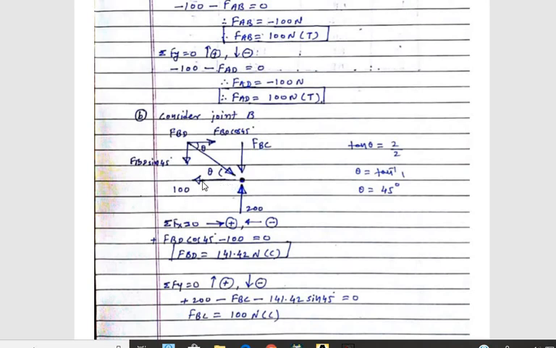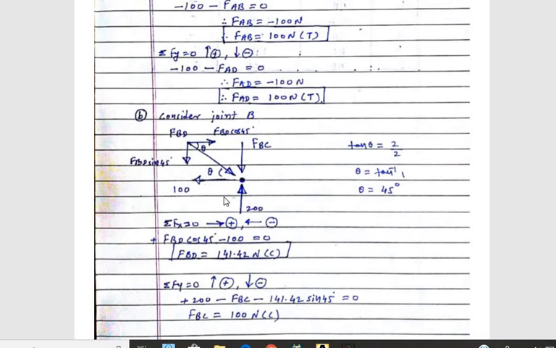Minus means tension, acting away from the joint. This is the reaction BY, upward positive 200. BC is unknown, and unknown we assume as compression. Compression is toward the joint. And BD is also unknown, assumed as compression and shown toward the joint.